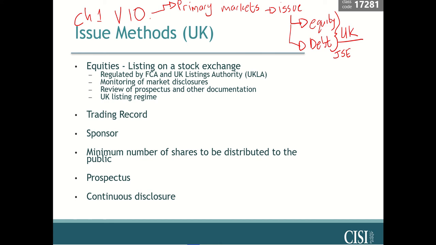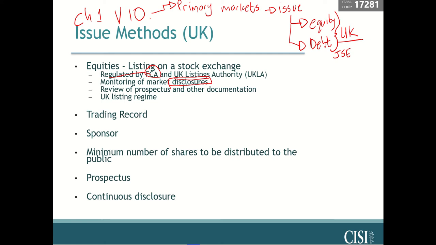So whenever a company wants to list on the stock exchange, and in particular we are talking about the London Stock Exchange, it is regulated by the FCA and the UK Listings Authority. Okay, there is a monitoring of market disclosures, which means that certain disclosures need to be met.